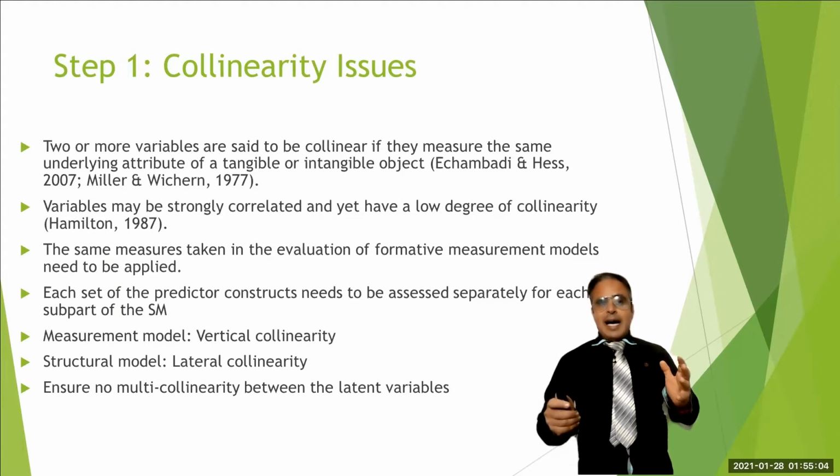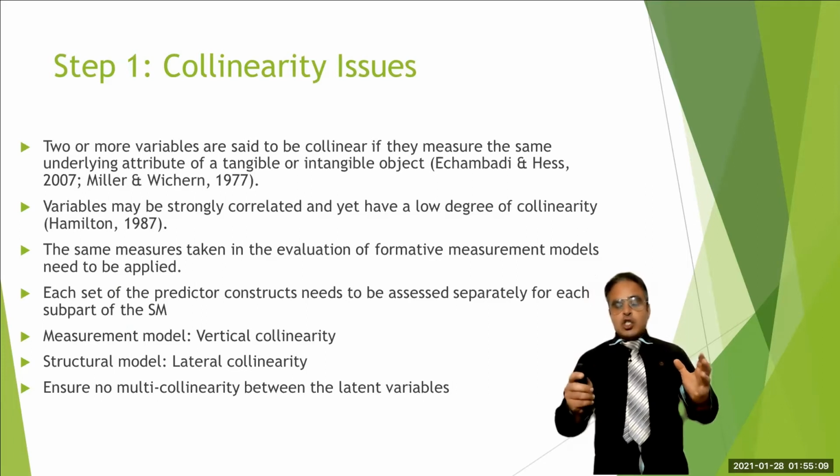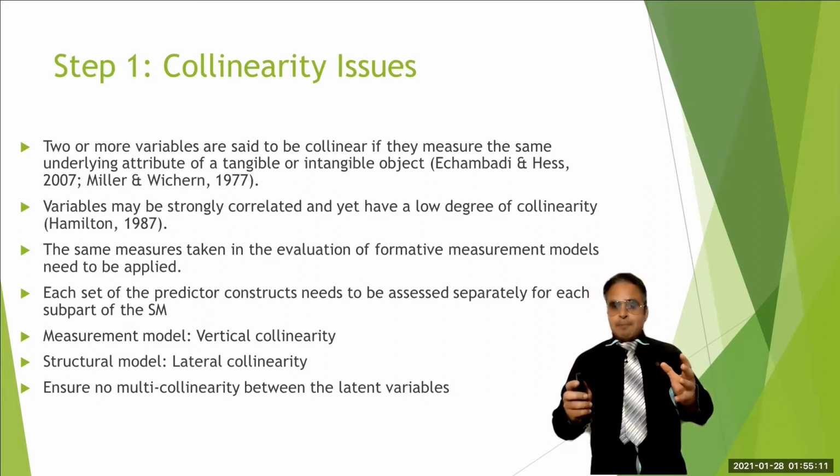For collinearity issues, we have to understand that when we have 2 or more variables that are collinear, it means those variables are measuring the same underlying attribute of a tangible or intangible object. Both are doing pretty much the same.